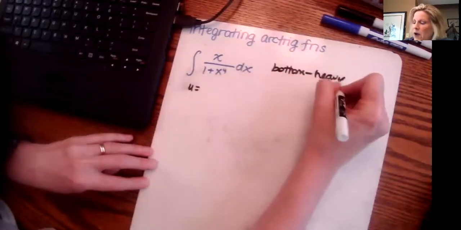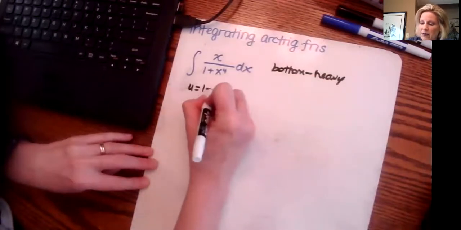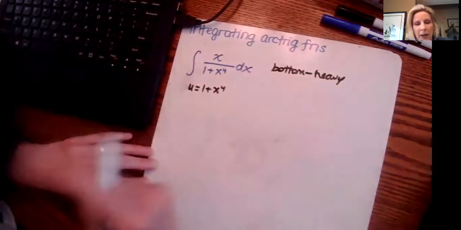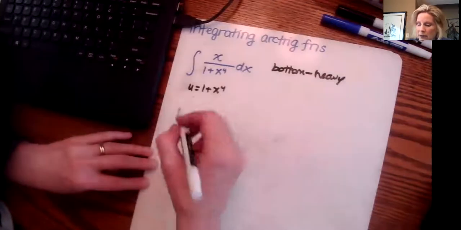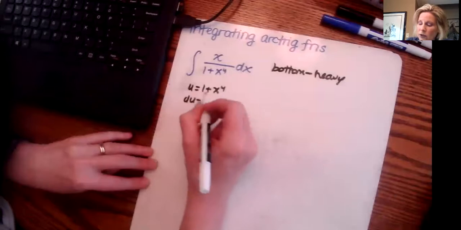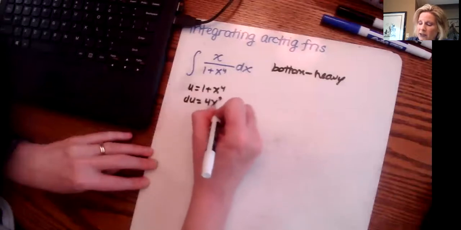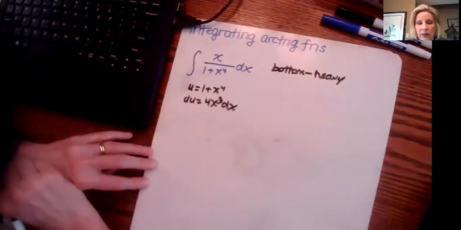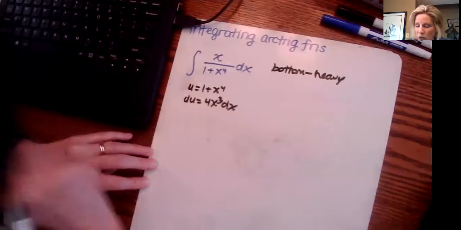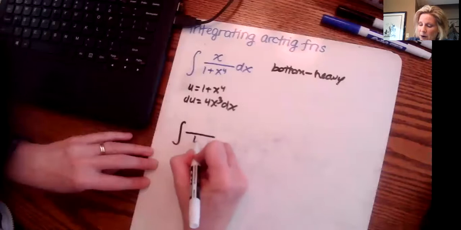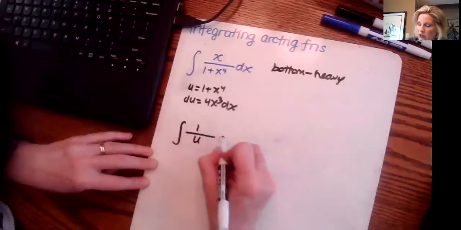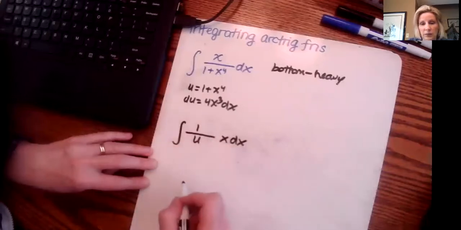If it's bottom heavy, I'm going to let u be the bottom because I'm expecting I'm going to do the antiderivative and get an answer with a logarithm in it. But when I do du, I'm going to get 4x cubed dx. Now right there, I basically know I've got an issue because, again, the bottom's u. I've still got x dx.